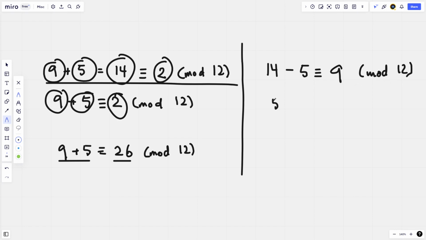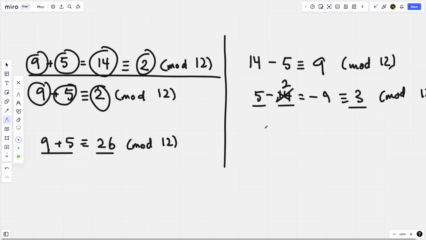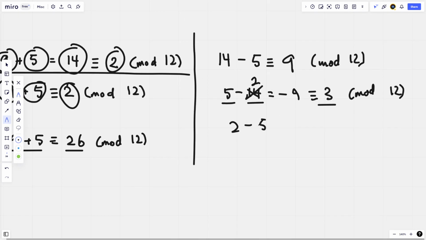And similarly, 5 minus 14 is equal to negative 9, which is equivalent to 3 modulo 12. And again, you should think of this from the perspective that if we take the 5 equivalence class and the 14 equivalence class, or in this case, this is actually just the 2 equivalence class, and subtract them, we get the 3 equivalence class. And if we were to do 2 minus 5, we would get the 9 equivalence class.